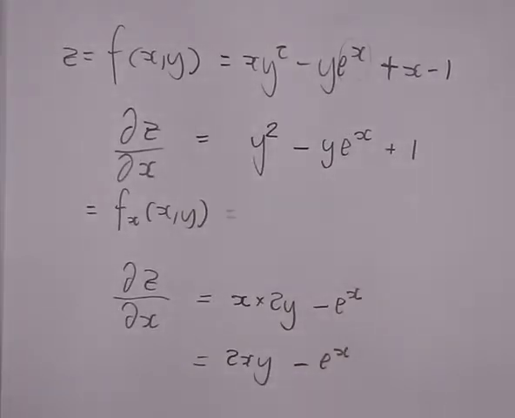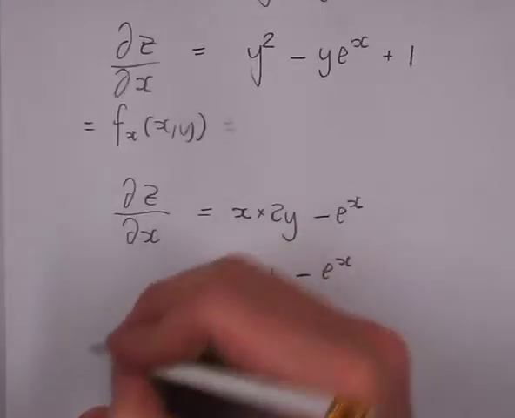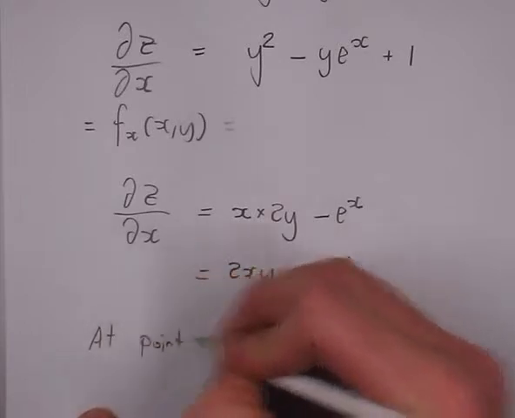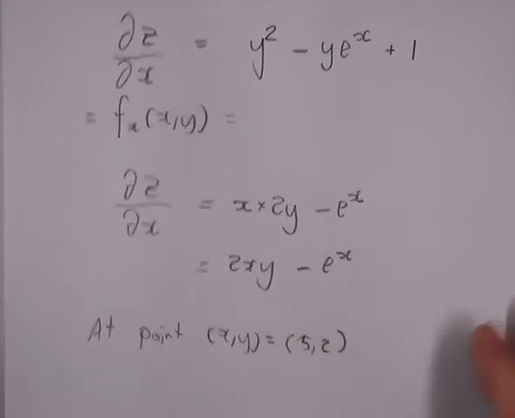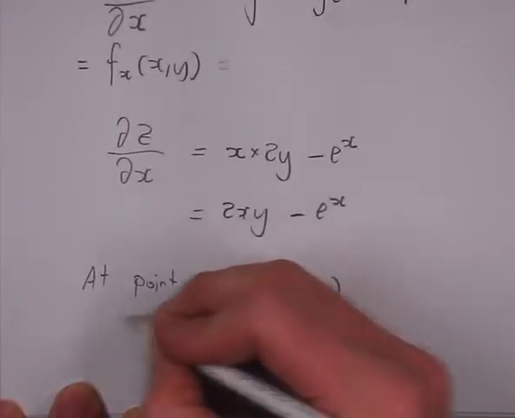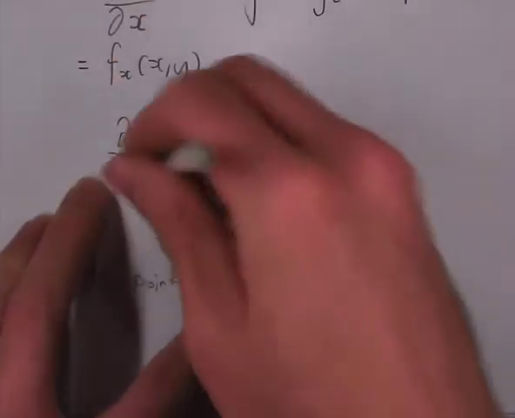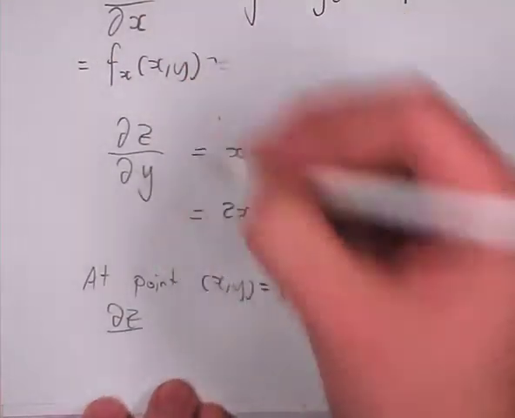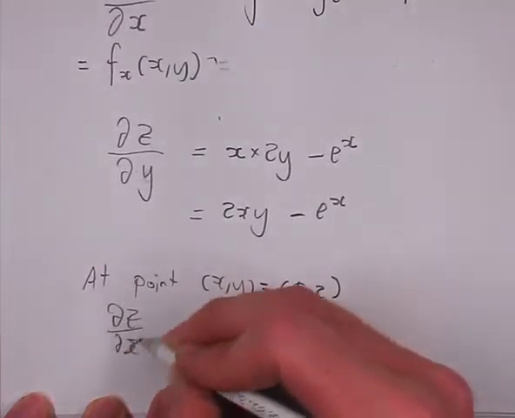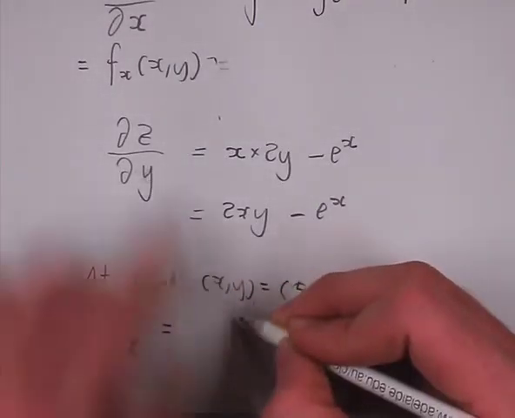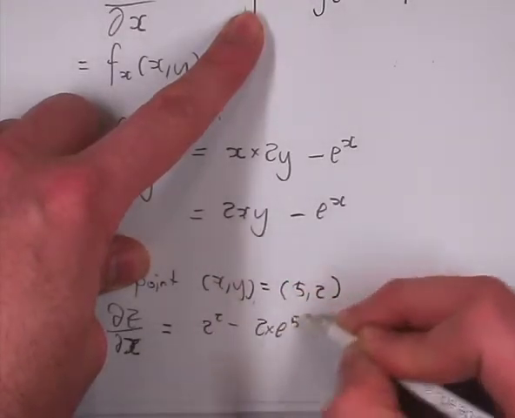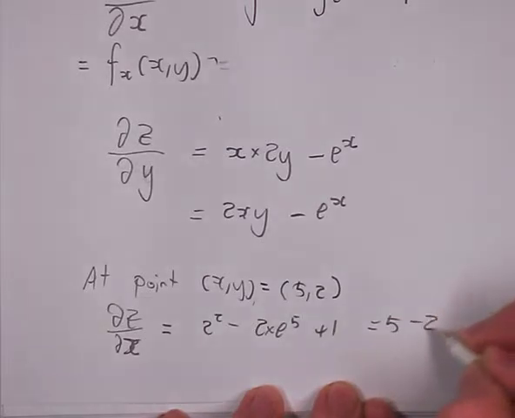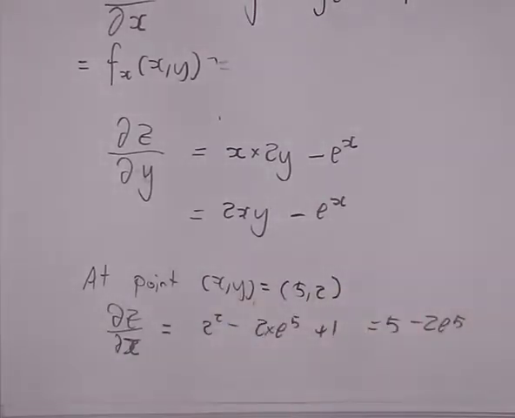Okay? So if I want to know what it is at a particular point, so at the point x, y equal to 5, 2, then I know that dz on dx, sorry, that was dz on dy, I mean dz on dx would be y squared, so 2 squared minus 2 times e to the 5 plus 1, which is 5 minus 2e to the 5, exactly as we figured out before.